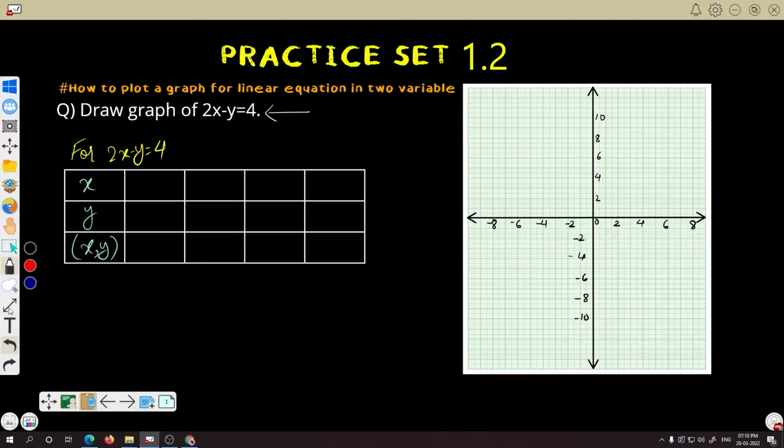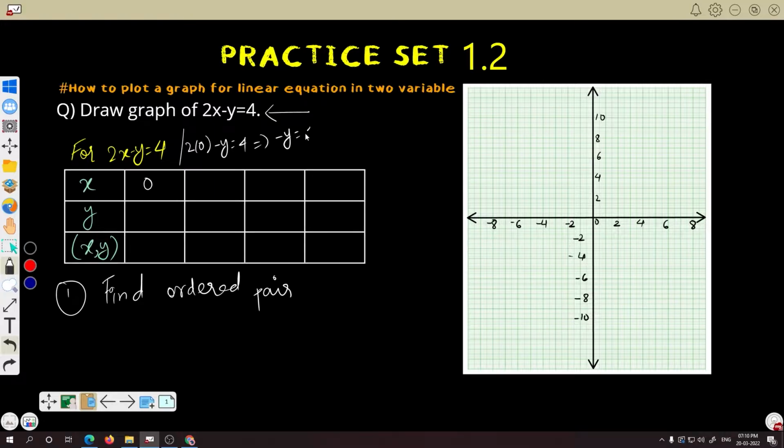Now how do we do this? The very first step is to find ordered pairs. Now how do we do this? If I take x as 0 in this particular equation, then the equation will be 2 multiplied by 0 minus y is equal to 4, which means minus y is equal to 4, which implies y is equal to minus 4.